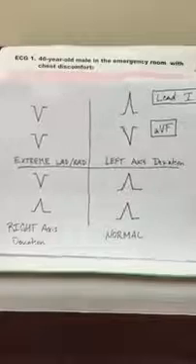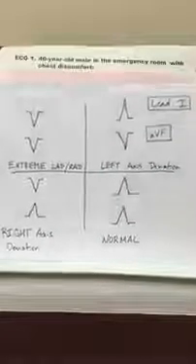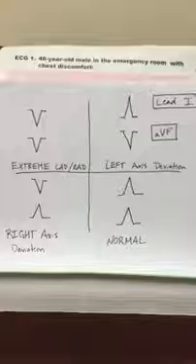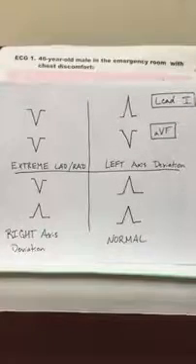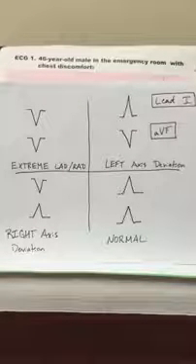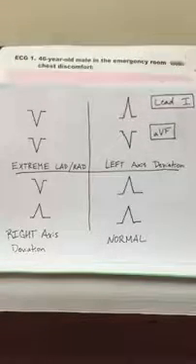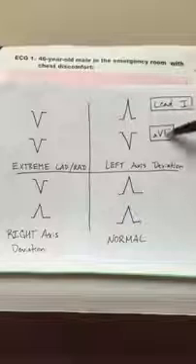The next step would be to look at the axis. This is a helpful chart that I memorize and have in my head all the time when I'm approaching an EKG. To determine the axis, you want to mainly focus on lead 1 and AVF. So here that would be lead 1 and AVF right there.